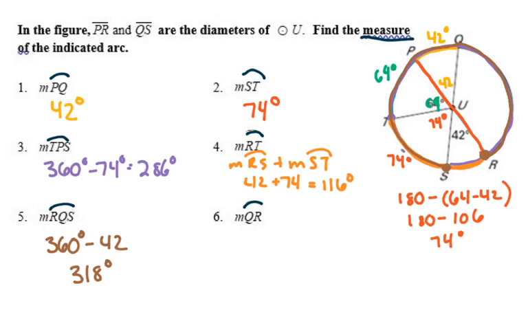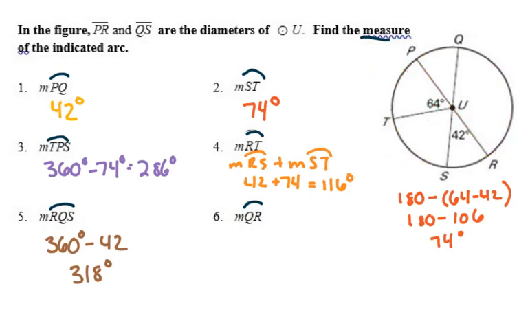Our last one, we want to find the measure of arc QR. I'm going to erase some of the things we have here just because we have so much going on in this picture. If I want to find the measure of arc QR, here's Q, and I want to go to R. I know that QS is a diameter, and that is creating a semicircle.